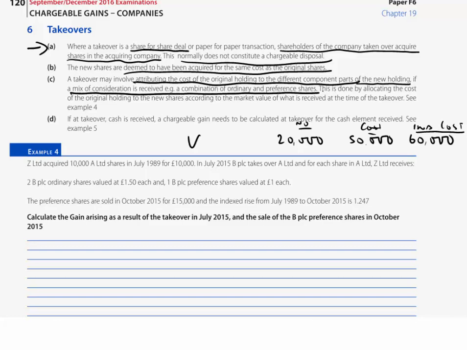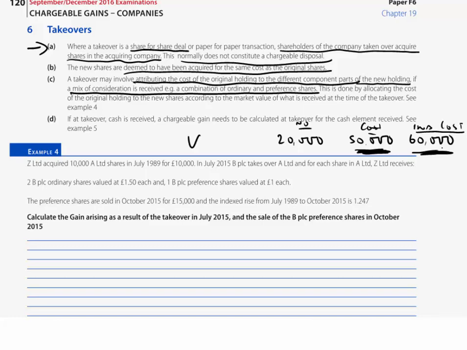They will have different values, and what have I got to do? I've got to allocate the cost, and if necessary, I'll come back to that statement in a short while, the index cost figures on the share pool for what was A plc shares.